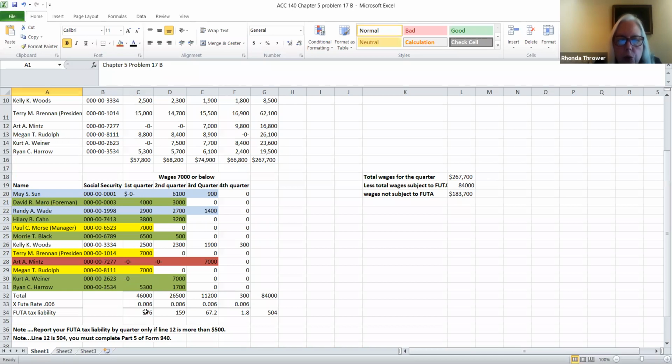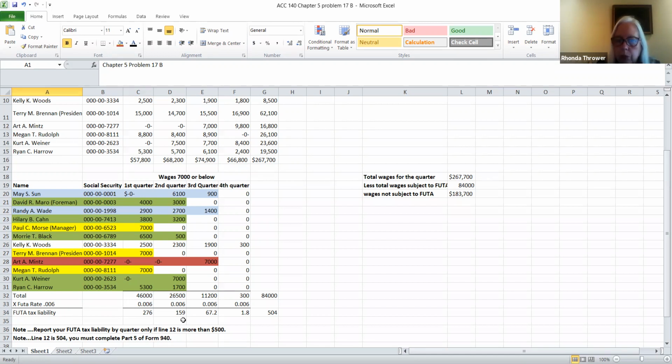Also, for each quarter, I multiplied the total wages that were subject to the FUTA taxes by 6%. I did that for each one of these. So the FUTA taxes that are owed in the first quarter is $276.